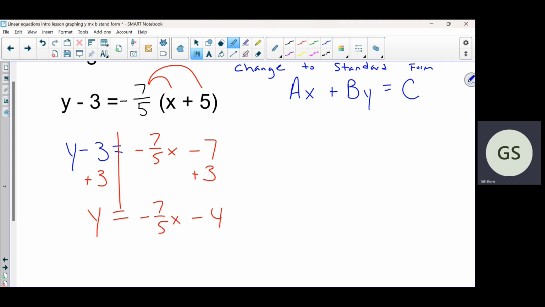This is a different type of problem. I didn't change the original problem here, but we're taking this now, and instead of changing it into y equals mx plus b, we're going to change it into that. I just didn't create a new problem. We'll probably do a new problem. I'll give you one to practice on your own in a second. That's brand new.